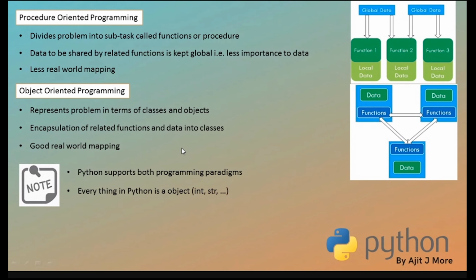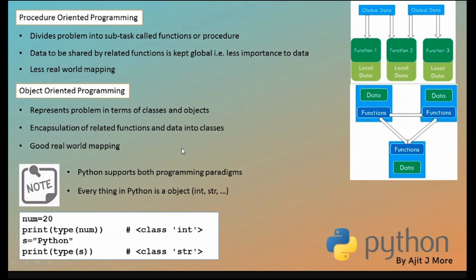As I said, everything in Python is an object. Hear carefully. You're hearing carefully, I hope. Though we call int and str basic types, Python internally treats them also as objects, and we have justified that many times.